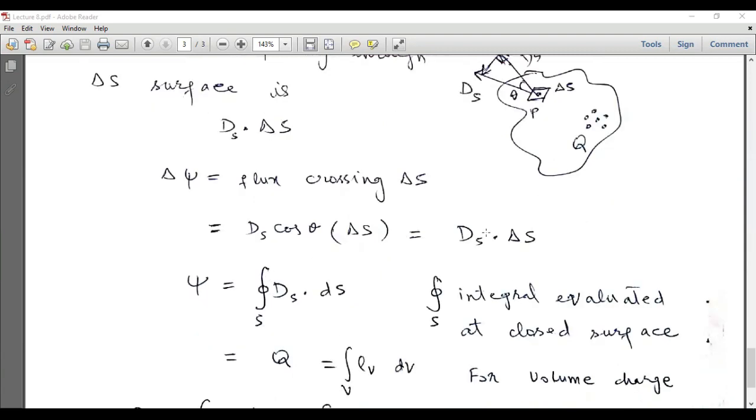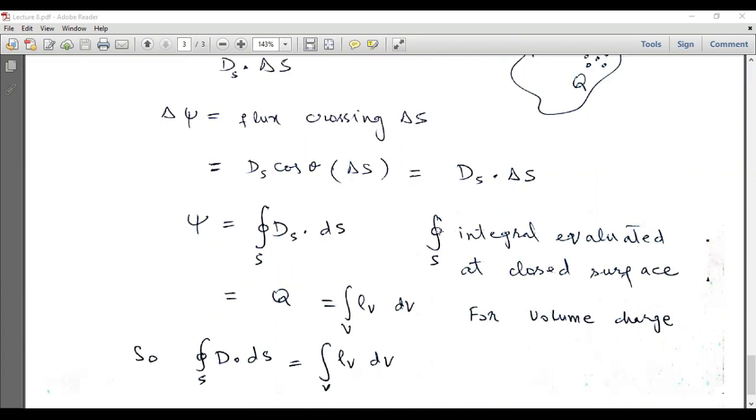So total flux is the integral of this D dot dS, and it will become the closed surface integral of D dot dS, and this circle actually corresponds to the integral evaluated over a closed surface, and it is also equal to charge. Flux is equal to charge, so charge is equal to the closed surface integral of D dot dS. Now this is also flux.